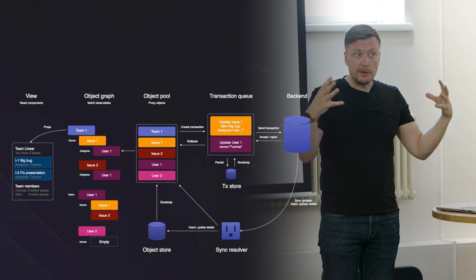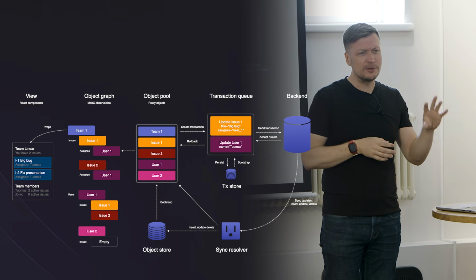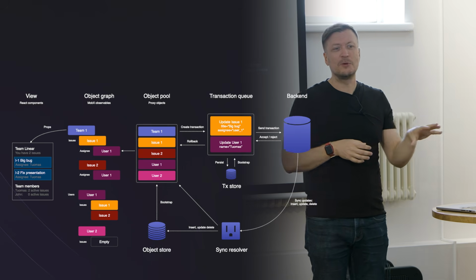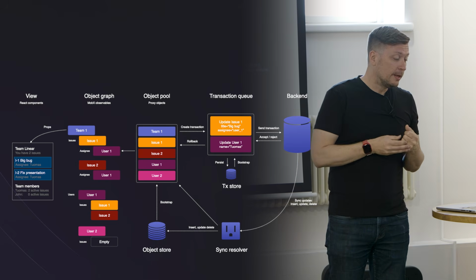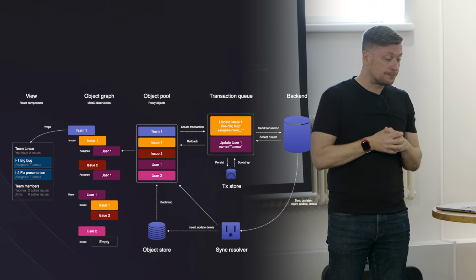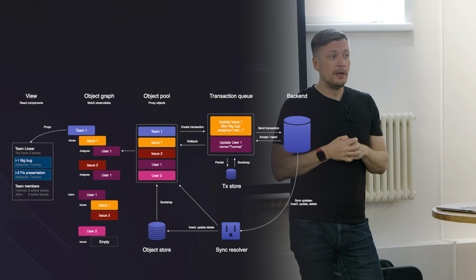All the clients in that organization are connected to that sync resolver. It's actually no longer a sync resolver. This was 4 years ago when it was called that. It's essentially just a sync server. And all the changes will be broadcast to all the clients connected to that organization.